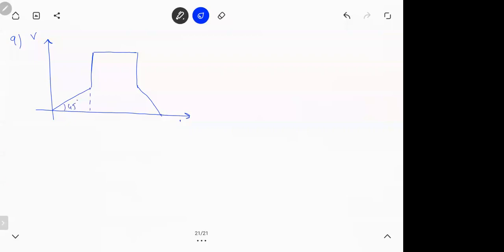This is 45 degrees. This is 2 seconds. This is 4 seconds. This is also 45 degrees. This is 6. Okay, and this is 4. So this is the VT graph.